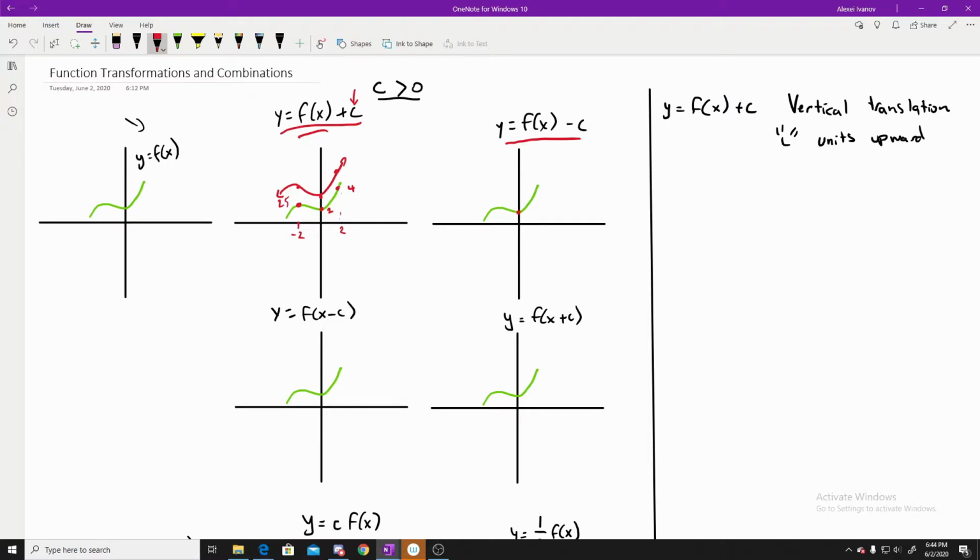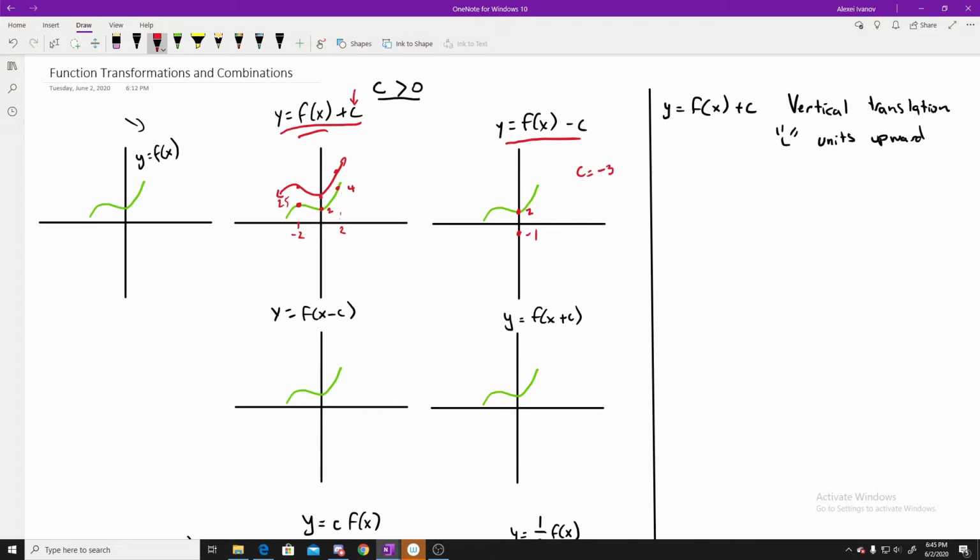Let's take the same point as where we started from in the other example, and let's say the value here was 2. If we were to take away any positive constant, the graph will definitely move downward, meaning this point will also move downward by c. Let's say c in this case equals 3.